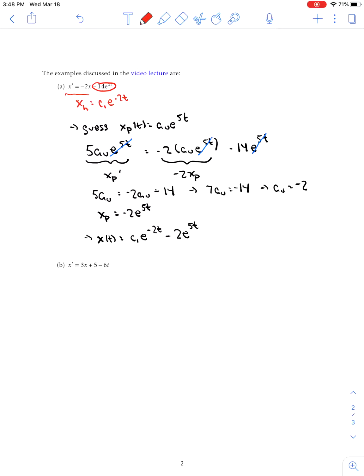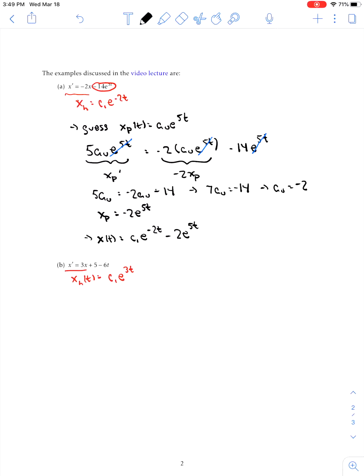So in this case, the homogeneous is x prime is equal to 3x. And so the homogeneous solution is given by c1 e to the 3t. Now here we have a linear function for our f of t. It's 5 minus 6t.